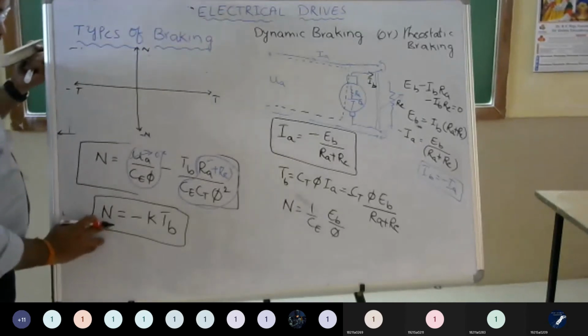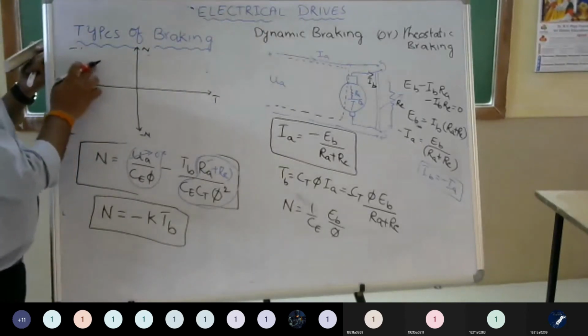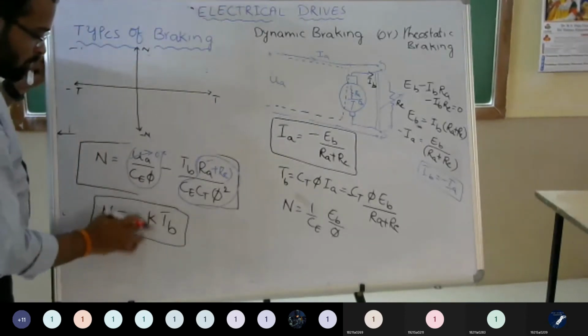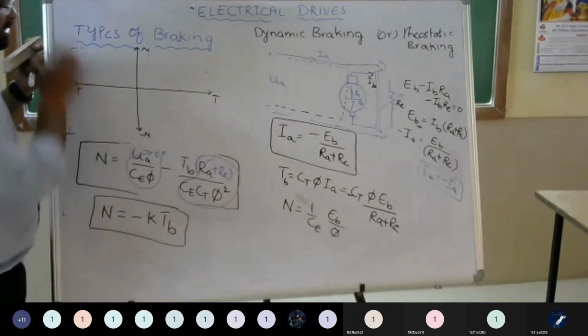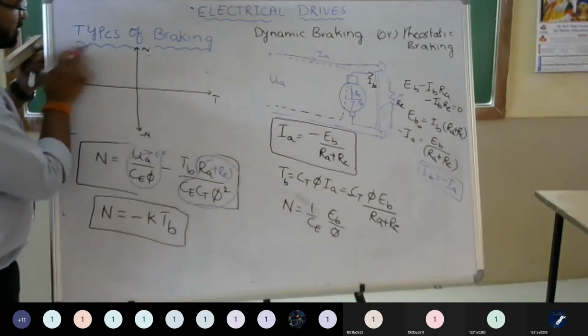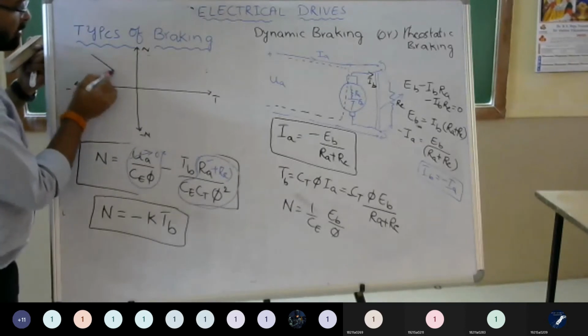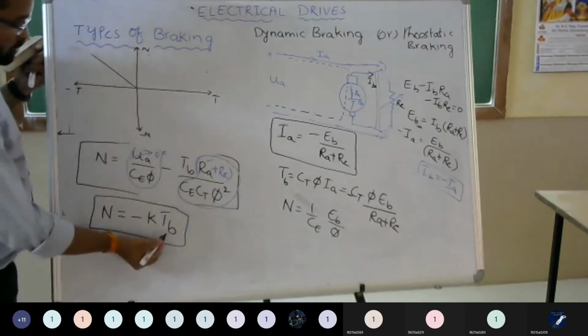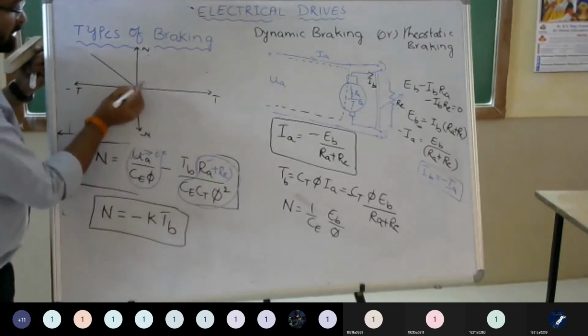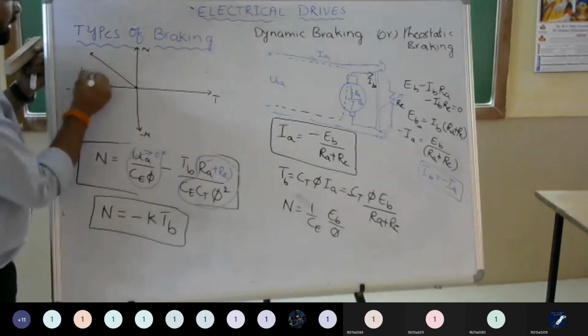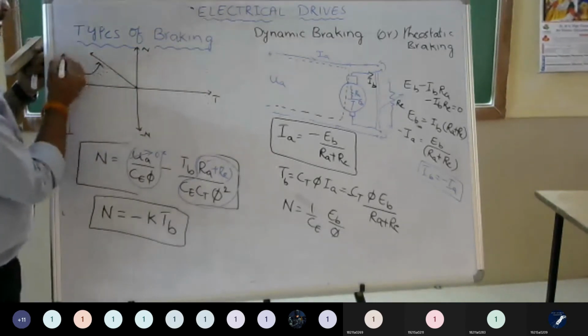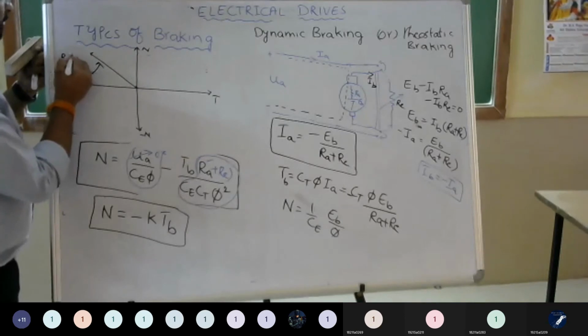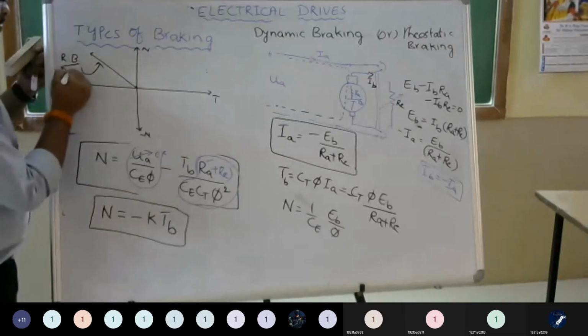Now you see, speed is positive and torque is negative. And what is the slope? Negative slope, that means negative gradient. And when T is equal to 0, N is equal to 0. So these are the speed torque characteristics in rheostatic braking or dynamic braking.